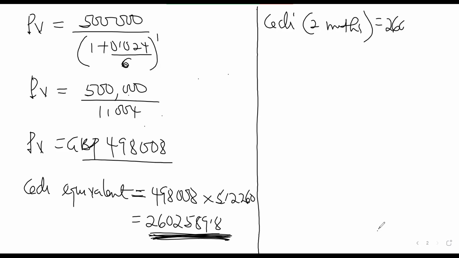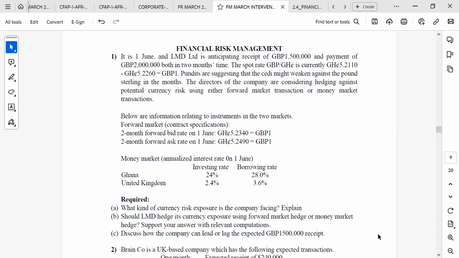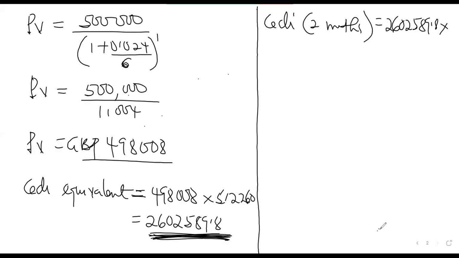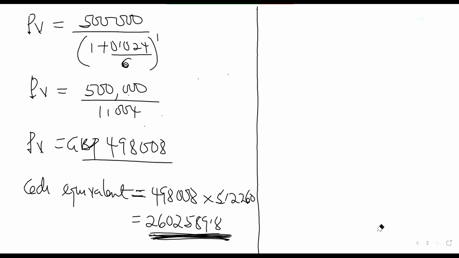So the cedi in 2 months' time will be the 2,602,589.8. Then you multiply by the borrowing rate in the city. That will give you 28%. So the total amount will be, this place is not big. Okay. So let me look at the cedi amounts.